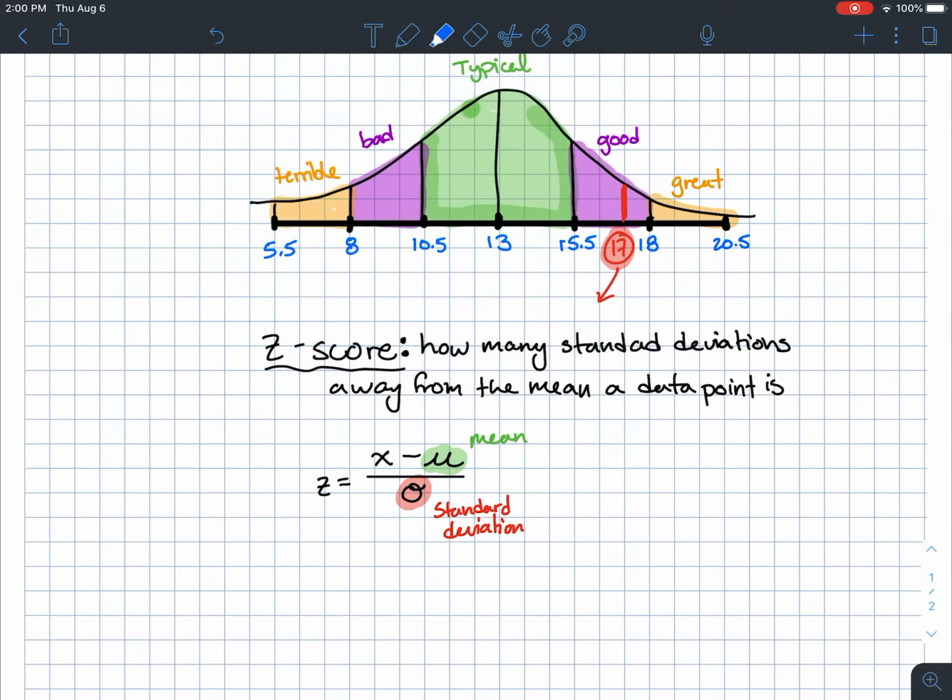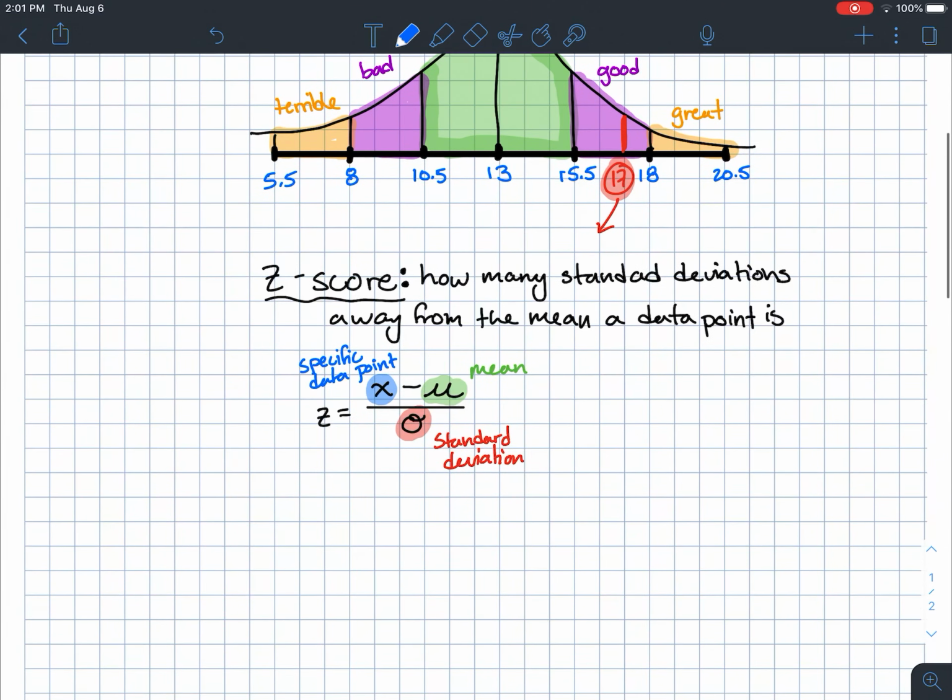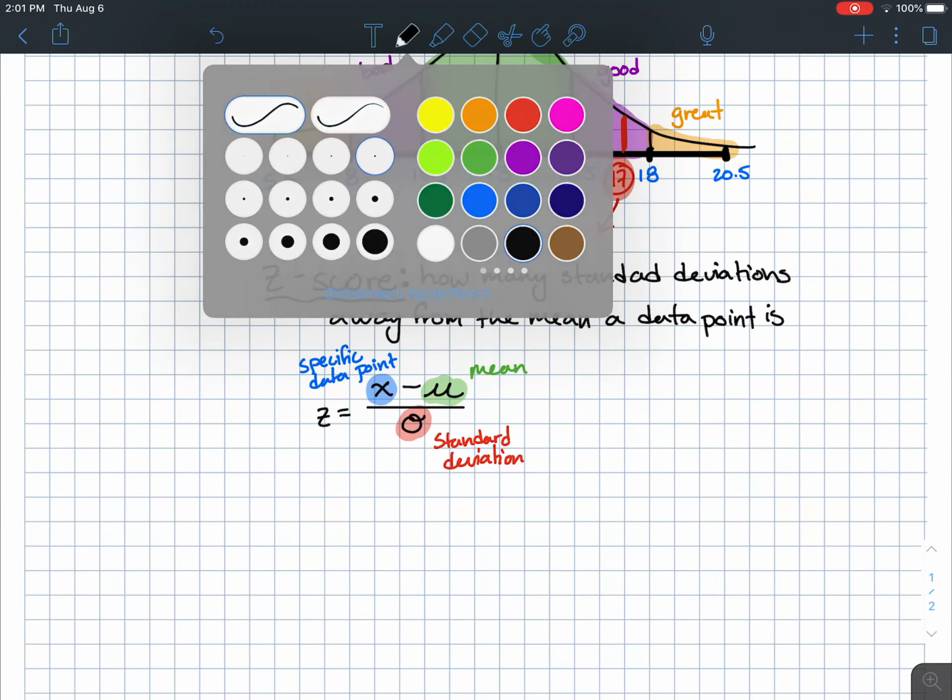The one thing that changes is going to be right here, because this is a specific data point. And that's going to give us our Z-score, or tell us how many standard deviations away from the mean a data point is. So let's go back to our original example with Jeff and his basketball game.